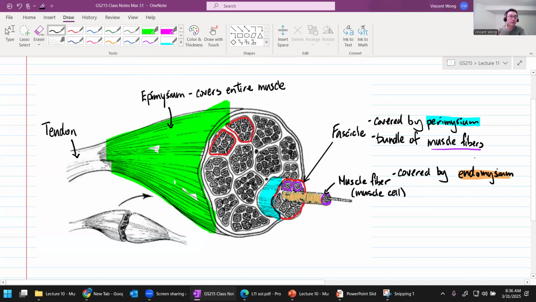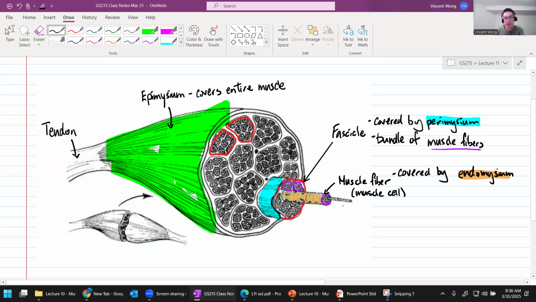Right underneath the endomysium would be the cell membrane, which is called the sarcolemma. We went through that last time. And inside the muscle cell, inside the muscle fiber, you would have all the normal cell organelles, with the mitochondria, endoplasmic reticulum, and all those things. Sometimes they might go by different names, but they are pretty much the same thing.